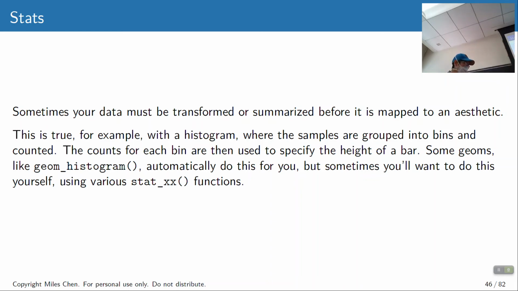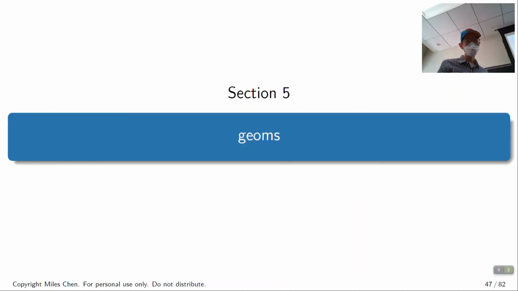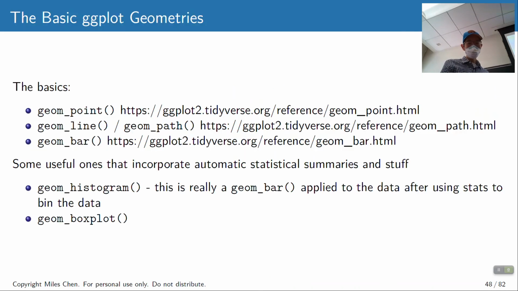But it's such a common graphic that ggplot has this built in, and you can say geom histogram, and it's automatically going to bin them and draw them for you.